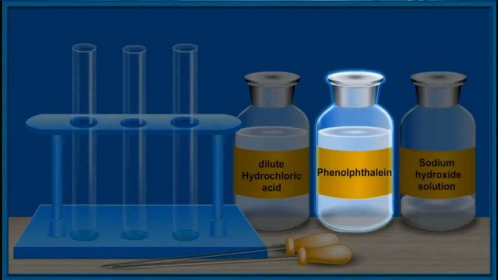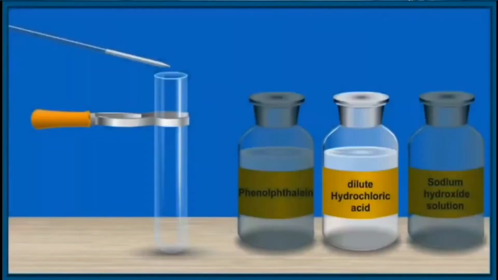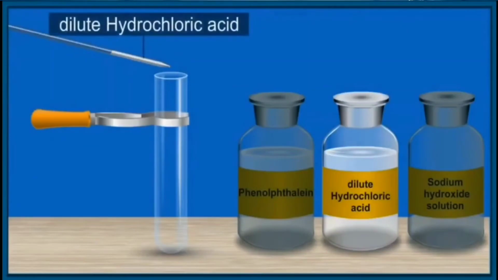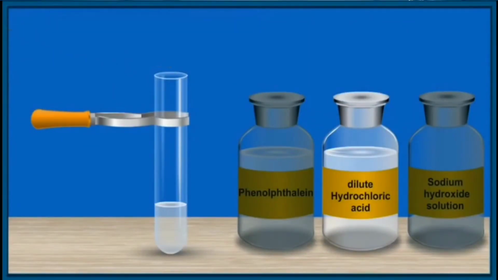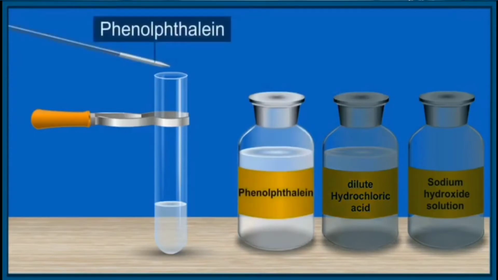Now we are going to take a test tube and add some amount of hydrochloric acid. Note that this acid is colorless, and this is dilute hydrochloric acid, which is not that concentrated. Now we are going to add phenolphthalein to it.